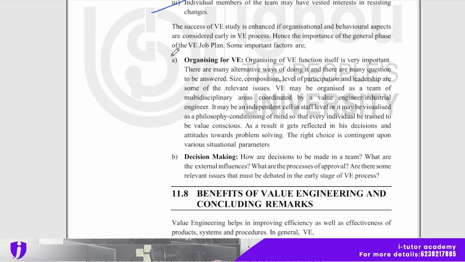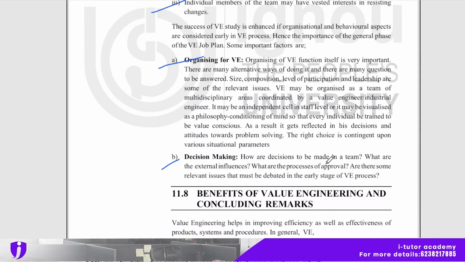Some important factors are organizing for VE and decision making. Organizing the VE function itself is very important. There are many alternative ways of doing it, and there are many questions to be answered. Size, composition, level of participation, and leadership are some of the relevant issues.